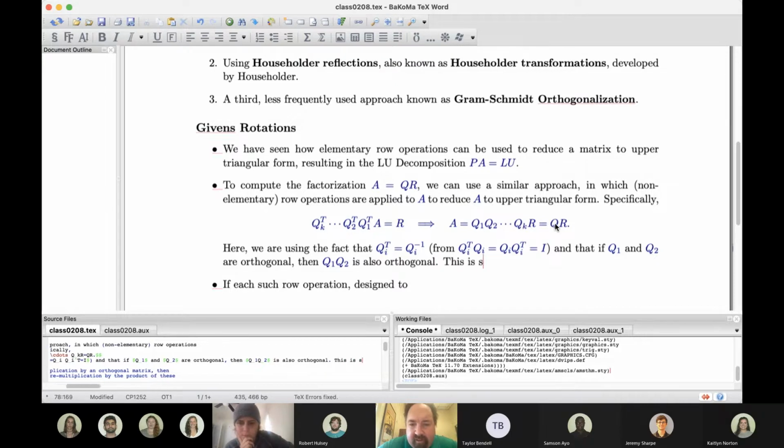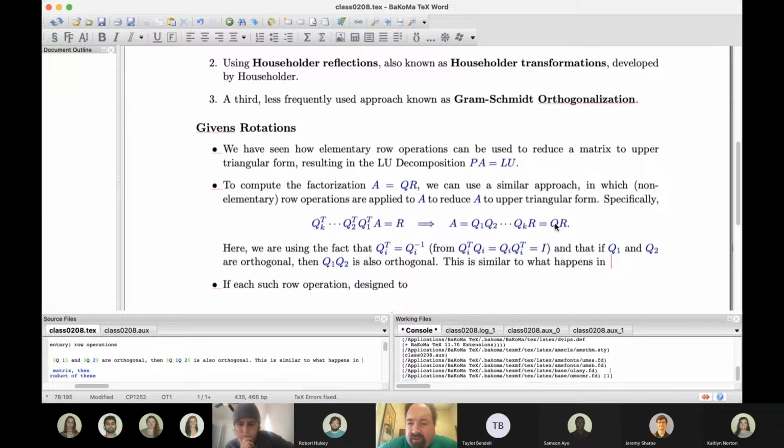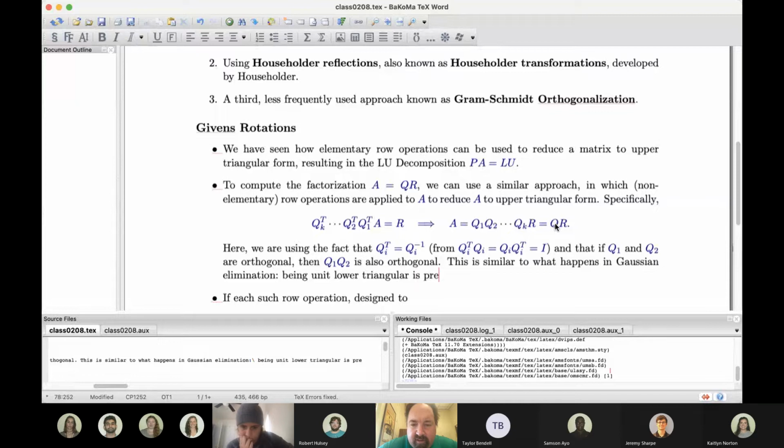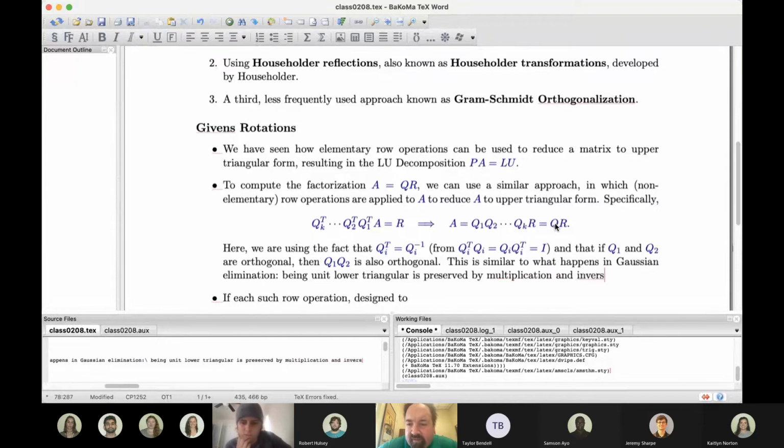And I could draw a parallel to Gaussian elimination. Being unit lower triangular, like our row operations, is preserved by multiplication and inversion. That's why I was multiplying A by a bunch of unit lower triangular matrices to get U. And then I could move those to the other side by multiplying by the inverse, which is also unit lower triangular.